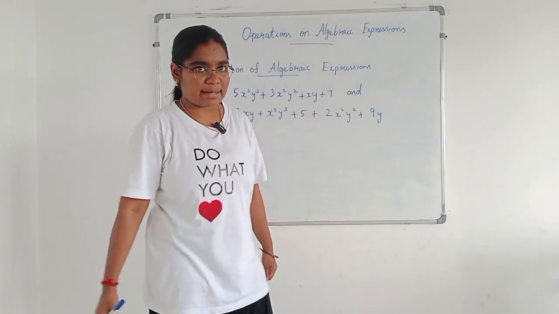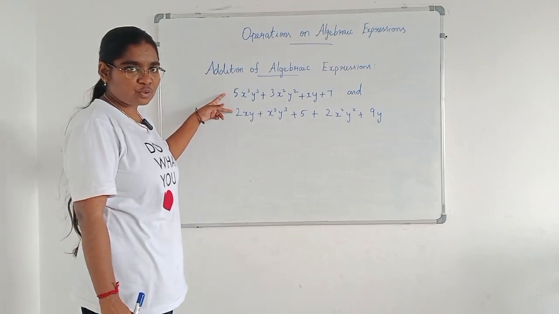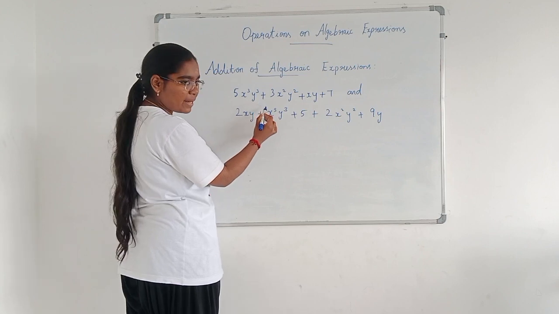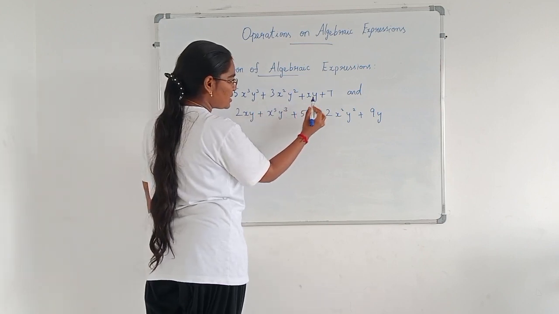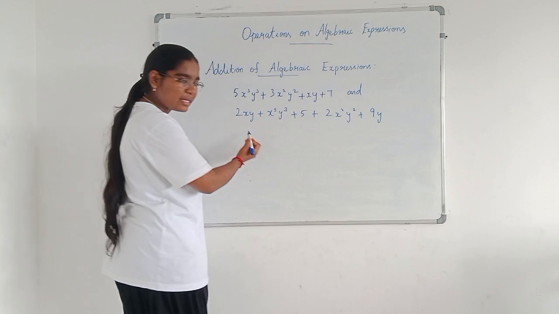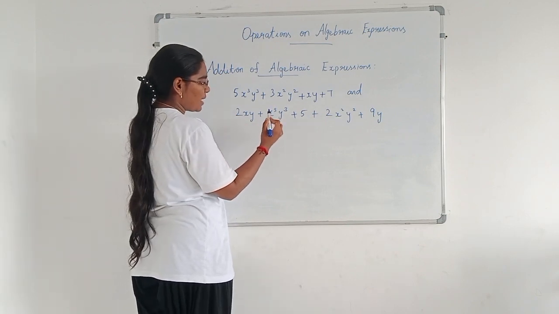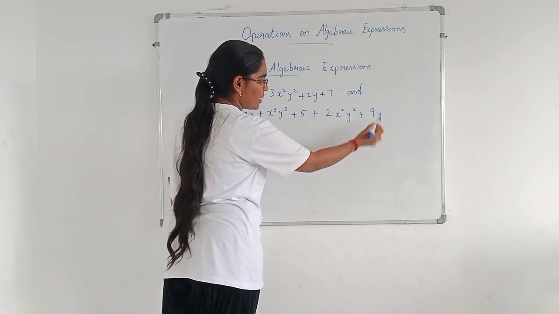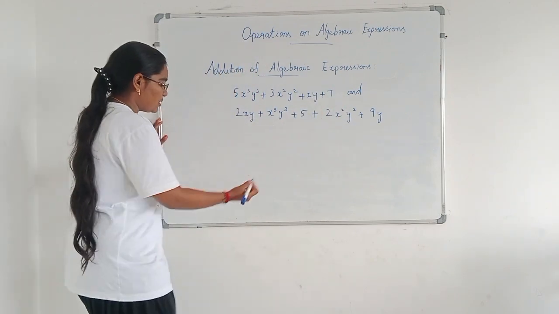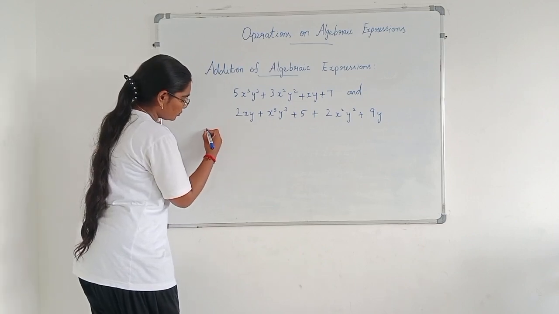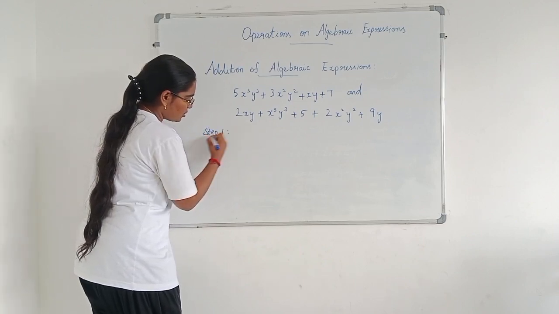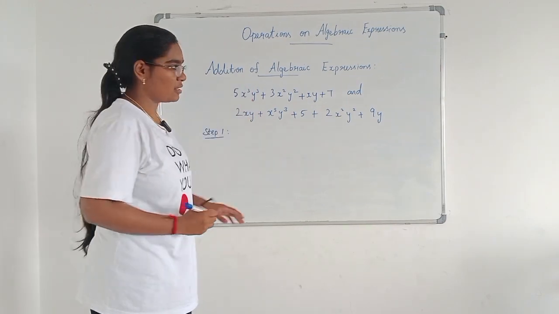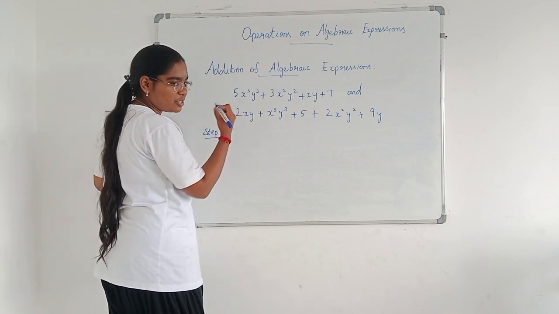Next, consider this example. Here we have to add these two algebraic expressions. The first one is 5x cube y cube plus 3x square y square plus xy plus 7, and the second one is 2xy plus x cube y cube plus 5 plus 2x square y square plus 9y. Now we are adding this. In step 1, the expressions are already given, so we can insert the sign. What is the sign here? Addition, so plus.